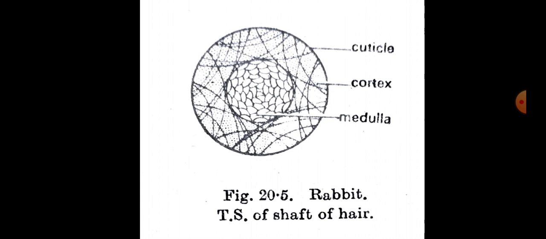Outside the medulla, cortex is present, which is a pigmented fibrous structure, and outside the cortex cuticle is present. Thus, the shaft of the hair encloses the first layer cuticle, then cortex, and middle portion medulla.